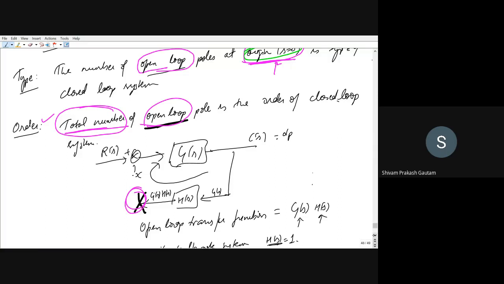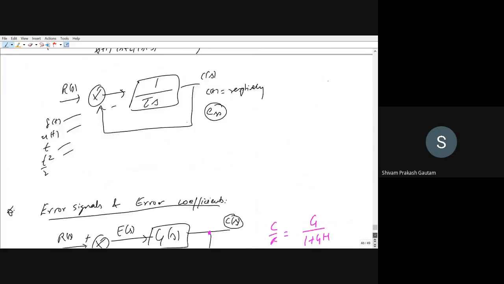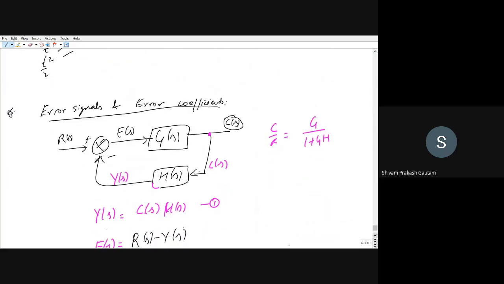Whereas if you close the loop, we can see that some amount of output is also going into the input, right? Because we want to compare closed loop and open loop. This is the basic difference. We want to compare the input we are getting and check whether we are getting the desired response. So we compare input with output and generate an error signal.